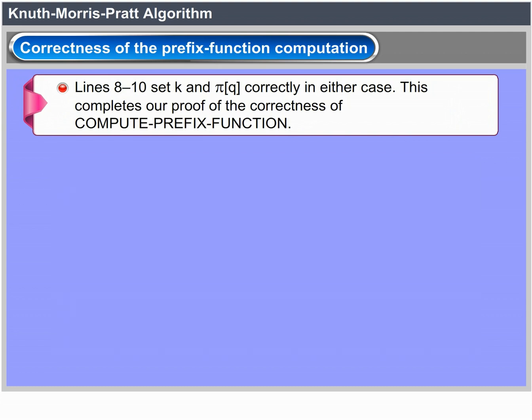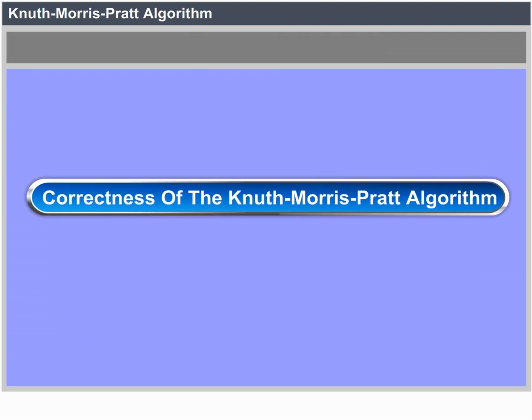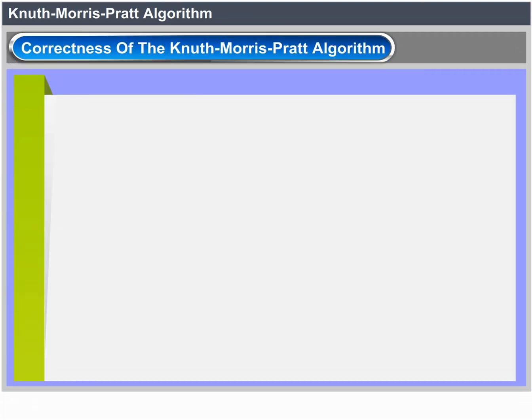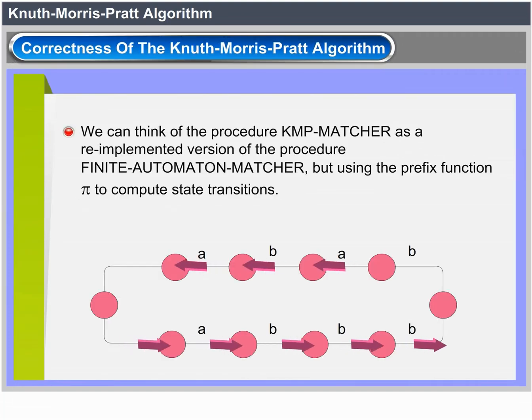Correctness of the Knuth-Morris-Pratt algorithm. We can think of the procedure KMP matcher as a re-implemented version of the procedure finite automaton matcher, but using the prefix function pi to compute state transitions.